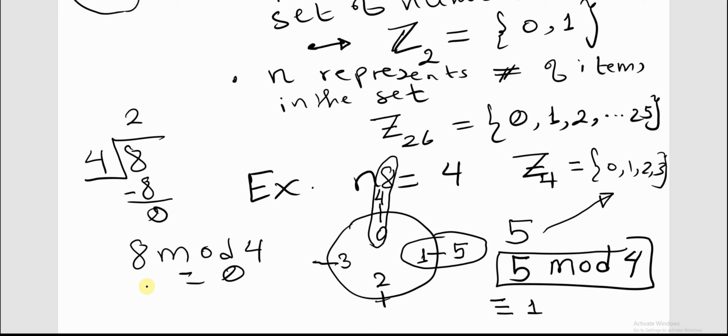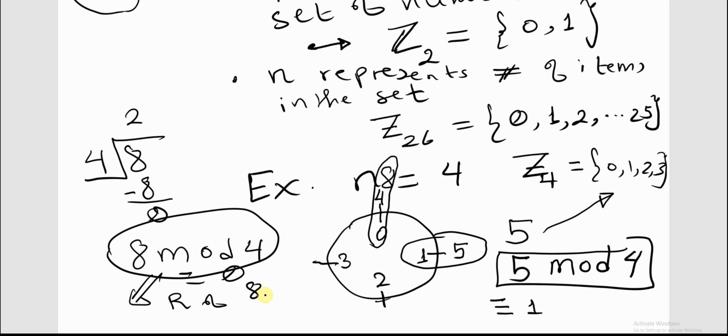So the mod 4 is the remainder portion that we are looking for. It's the remainder of the division between 8 and 4. Okay, so that's the definition of mod 4.